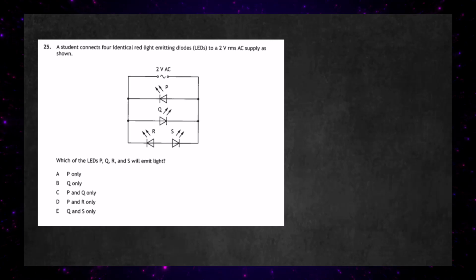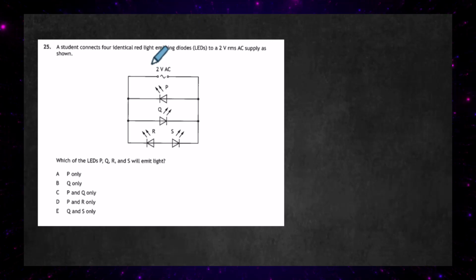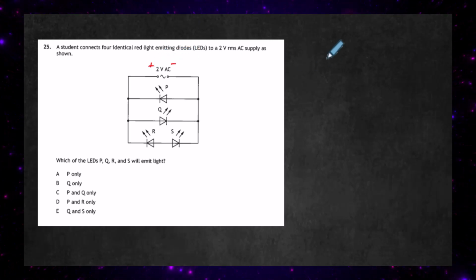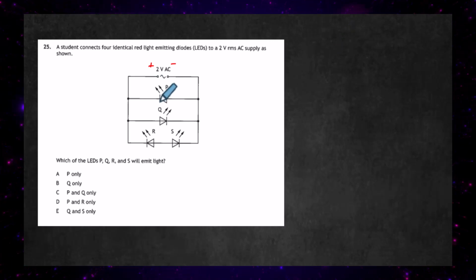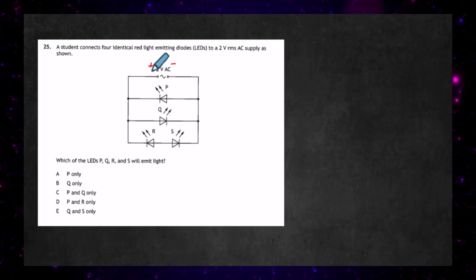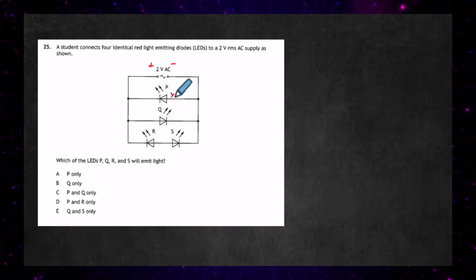Well, we know with an AC supply, in one half of the cycle we have a plus at one side, and the other side we have a minus. And you can see this LED here is wrongly connected because the negative part of it is connected to the positive side, so that one will not light. This one here is connected properly.